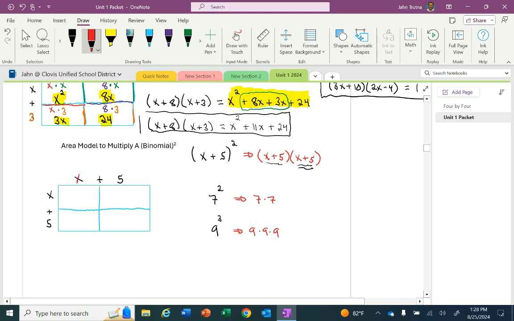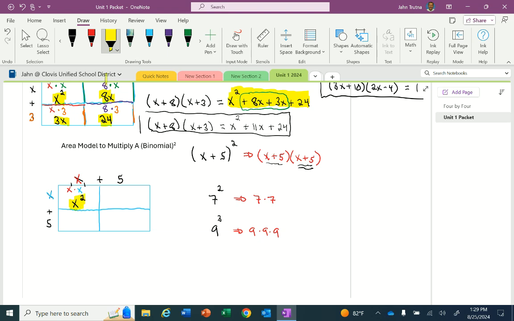We're going to start with the top left rectangle. The length is represented by x. I'm going to multiply it with the width, which is also represented by x. Remember, both of these x's have an exponent of 1. So that top left rectangle becomes x to the second power. That's going to be part of my answer.